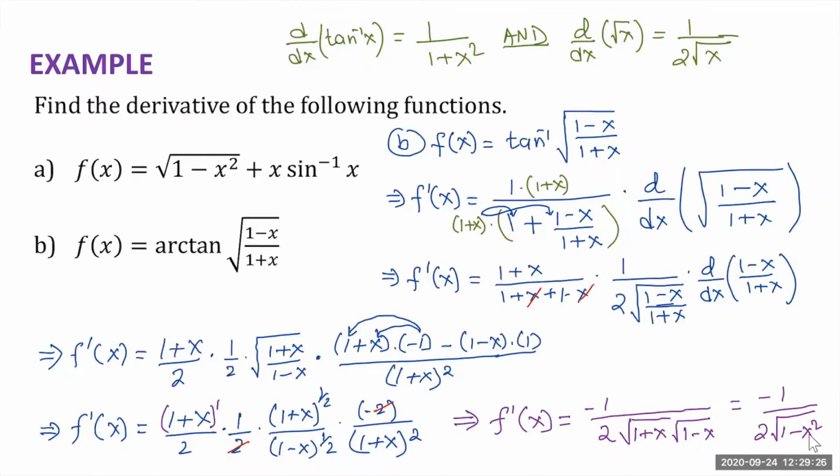It is a squared minus b squared. So 1 squared is 1 and the b squared is x squared. So this is the derivative of the function which is given here. Inverse tangent is square root of 1 minus x over 1 plus x. We use a lot of formulas, a lot of rules, so many times chain rule, and a lot of algebraic simplification to get to this one.